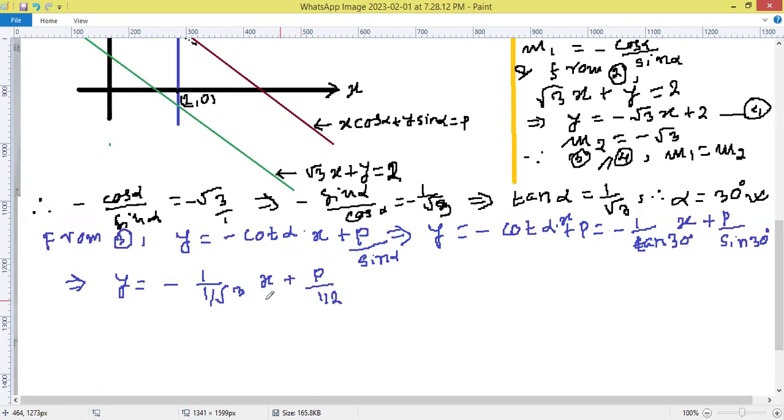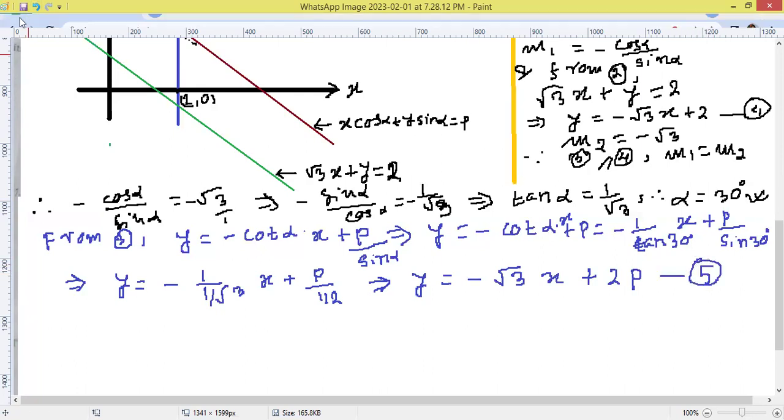You have to remember these values of trigonometric ratios for these angles. Then y equals minus, the reciprocal of the reciprocal, it goes off. So it is root 3 x, and then 2 will go upside here, so plus 2p. So you call this equation 5.